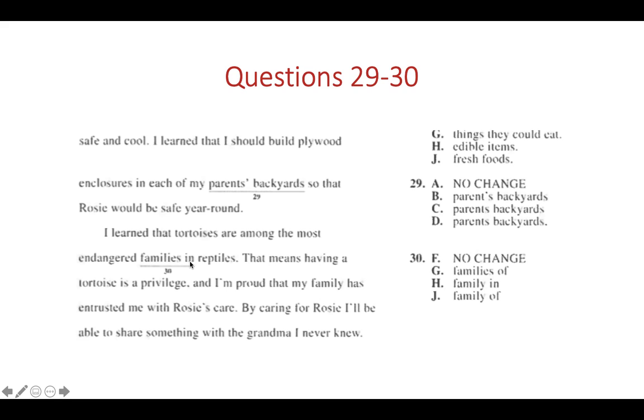And then you have to decide, is the correct preposition in or is the correct preposition of, okay? And of is when you have like a part of a whole. So the most endangered families, that's a part of reptiles. Reptiles is the whole, and out of the reptiles, the most endangered families is a part of it. So I learned that tortoises are among the most endangered families in reptiles is not grammatically correct because it should be of reptiles. I learned that tortoises are among the most endangered families of reptiles. So that's just to catch if you know which preposition to use.